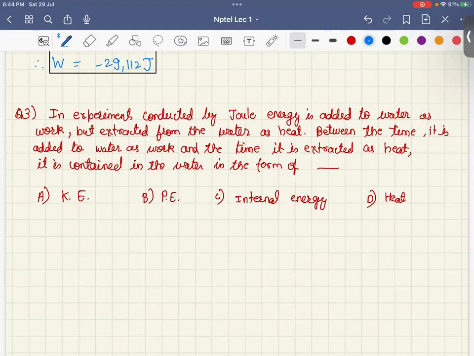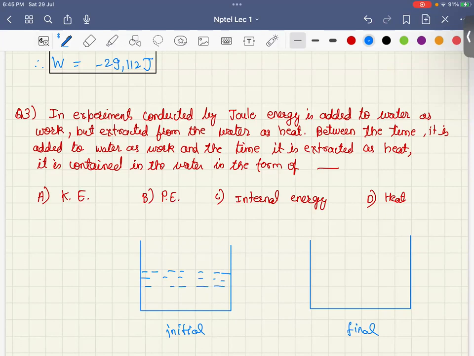So for example, let's say we have a container like this. This is initial, this is final, and it has water.